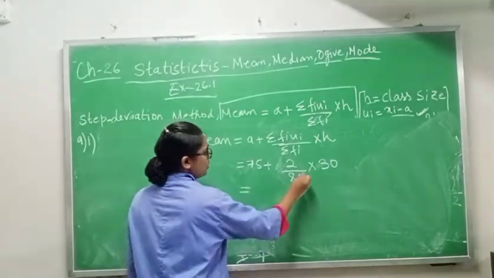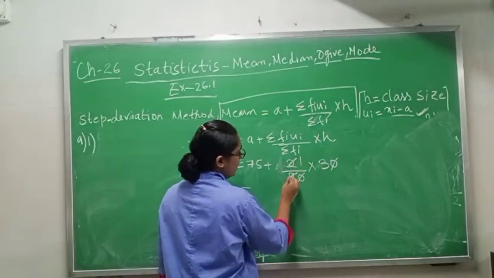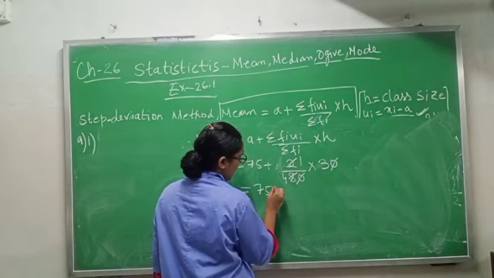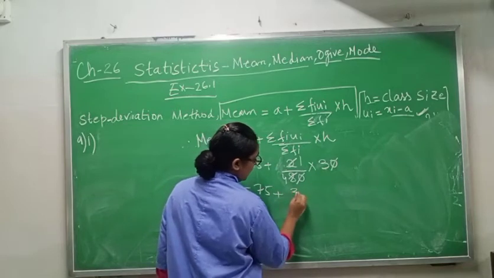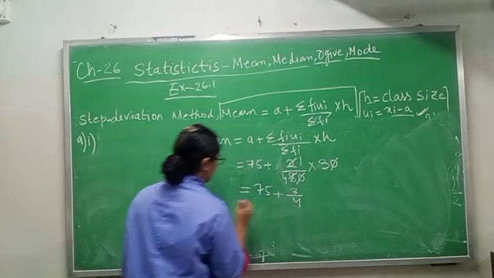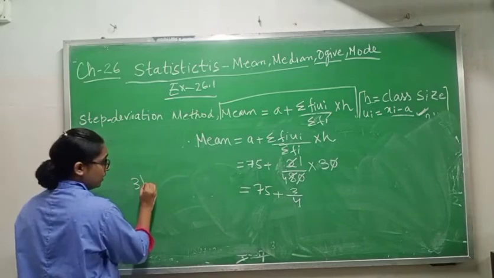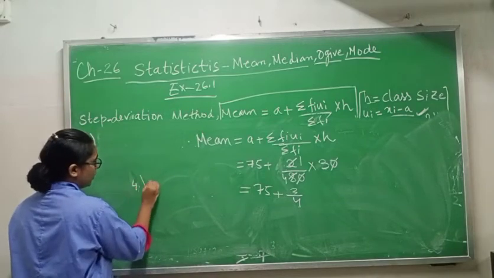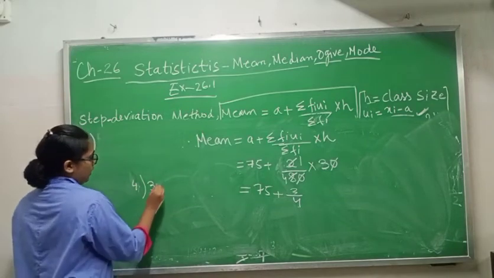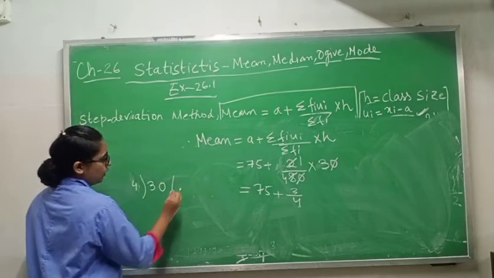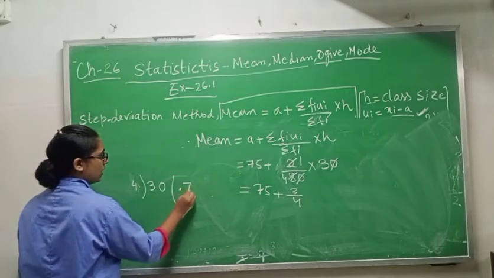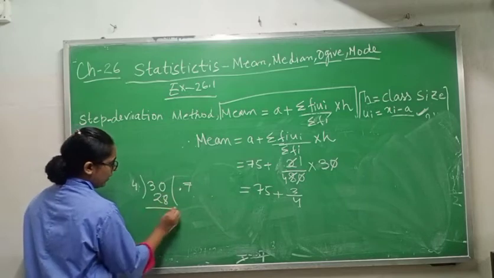Okay, so now the 0s will cancel, 2 1s are 2, 2 4s are 8. 75 plus 3 by 4. Now divide this 3 by 4 in rough. So 4 you will write outside, 3 you will write inside. You have to put 0, so you have to give 1 decimal. 4 7s are 28.